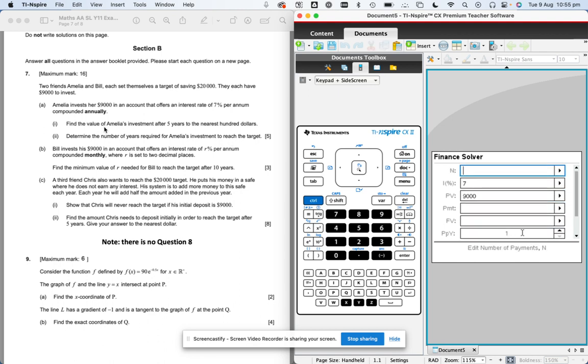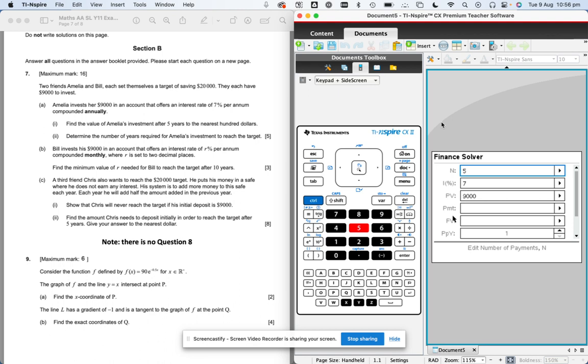It says find the value of Amelia's investment after 5 years to the nearest $100. So that means they're going to be making a payment 5 times, once every year, for 5 years, so you have n equal to 5, and it says what's the value of the investment.